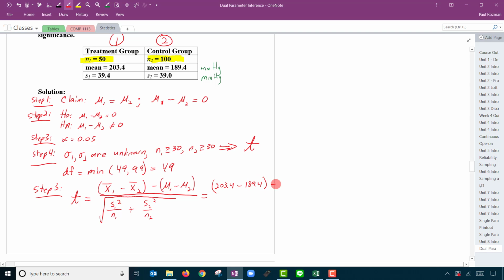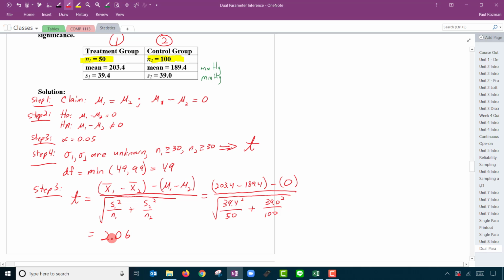I almost got too lazy to write it. S1 is 39.4 squared over 50, and S2 was 39.0 squared over 100. You get a t-score of 2.06.